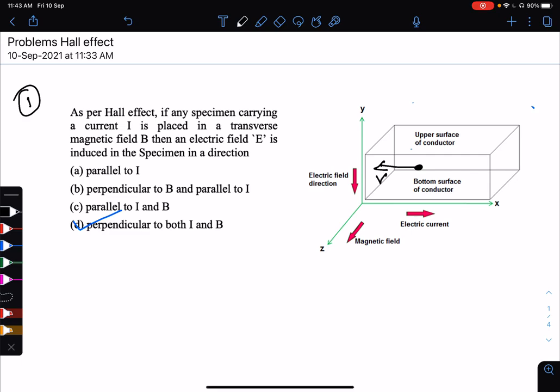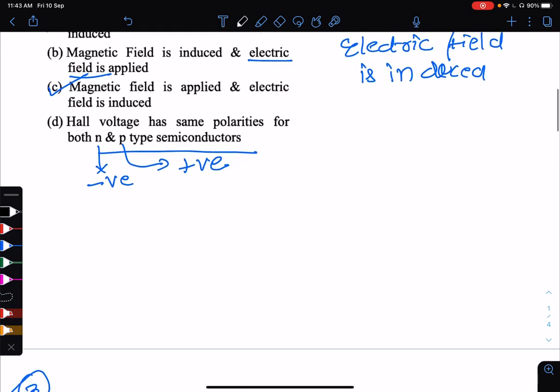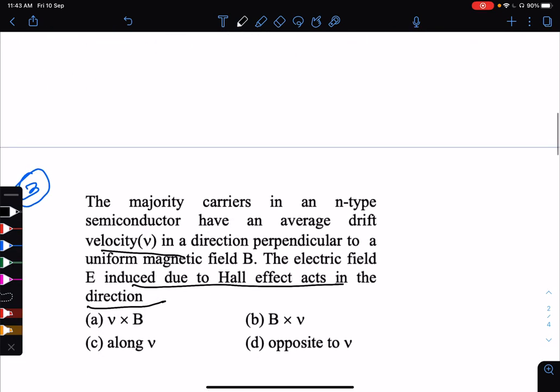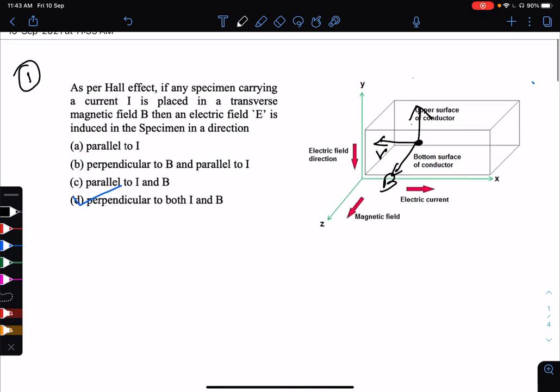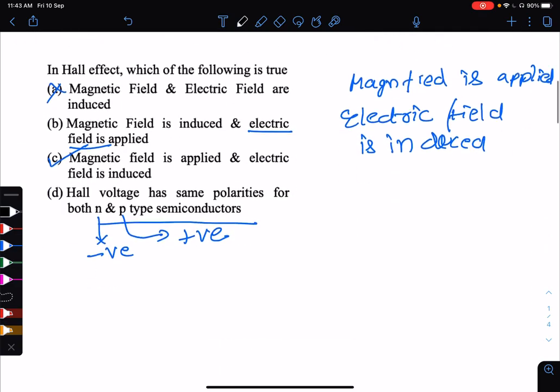And the magnetic field is in this direction. Okay, so V cross B will be in which direction? V cross B is in the upward direction. So what they asked is, the electric field induced due to the Hall effect acts in which direction? It will be in the V cross B direction, yes.